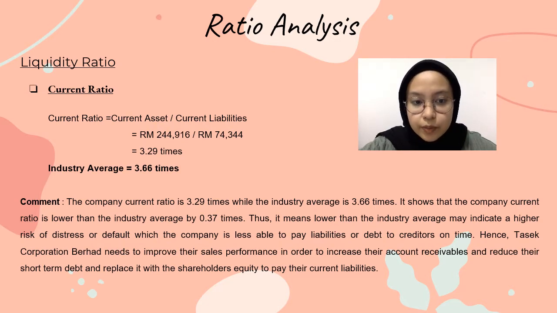Hence, Tasek Corporation Berhad needs to improve their sales performance in order to increase their account receivable and reduce their short-term debt and replace it with the shareholders' equity to pay their current liabilities.